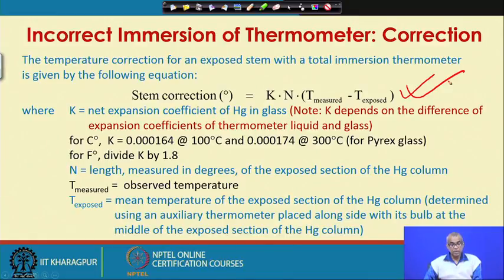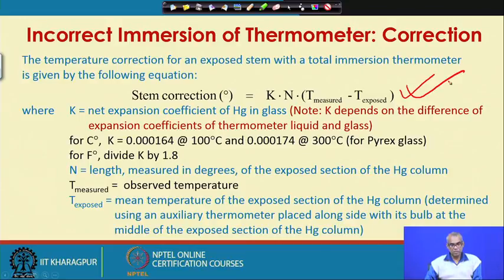So, K is the net expansion coefficient of mercury in glass. So, this takes care of the expansion coefficient of mercury as well as the expansion coefficient of glass. So, K depends on the difference of expansion coefficients of thermometer liquid and glass.